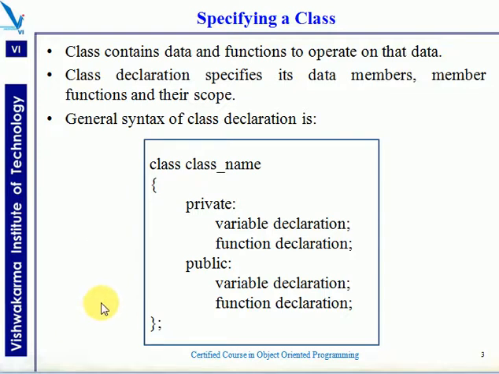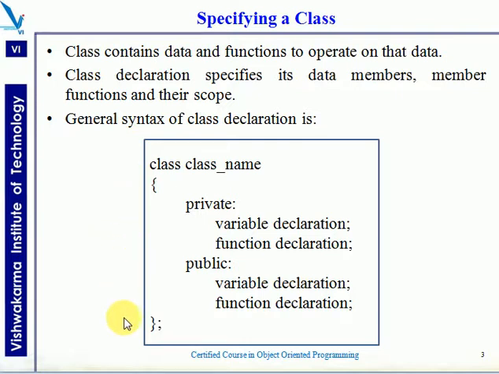In the class, the variables are called data members and the functions in the class are called member functions. So class declaration specifies its data members, member functions and their scope.